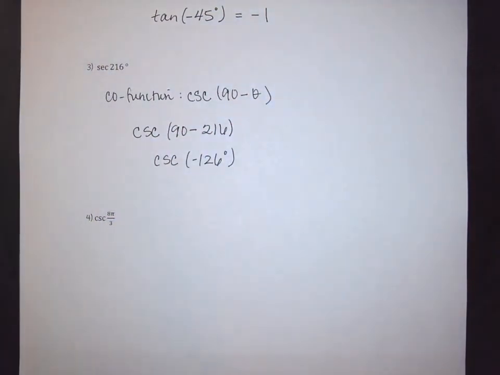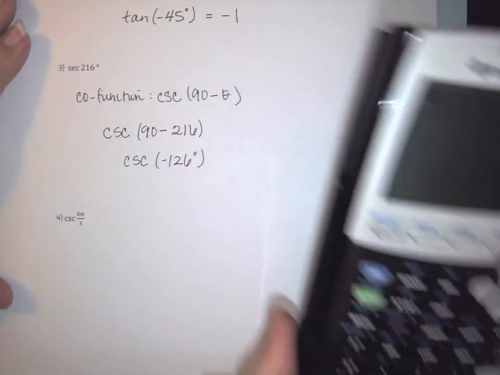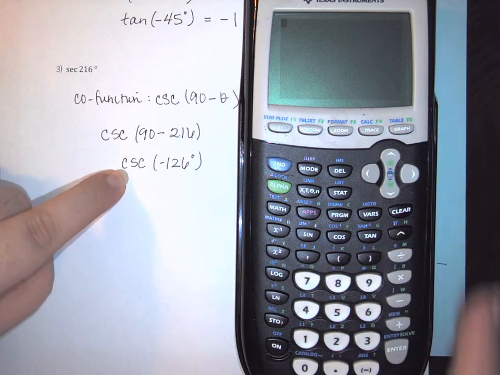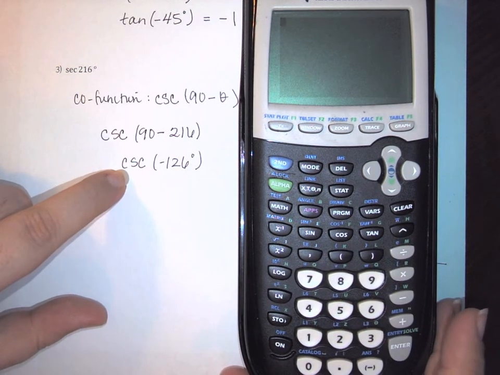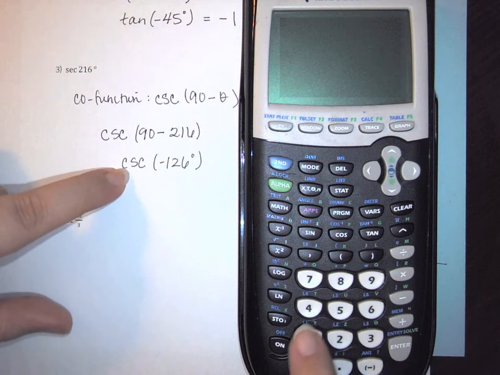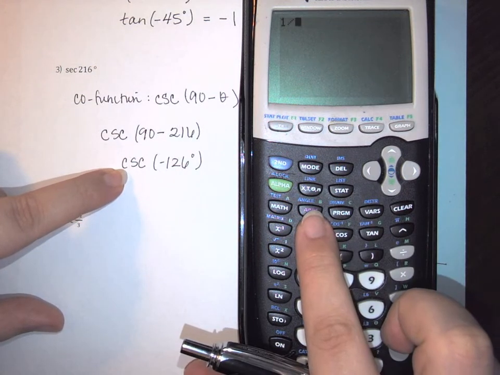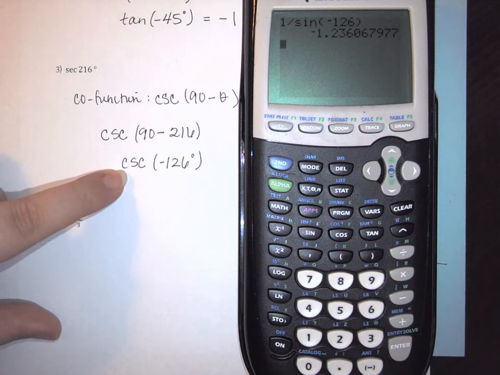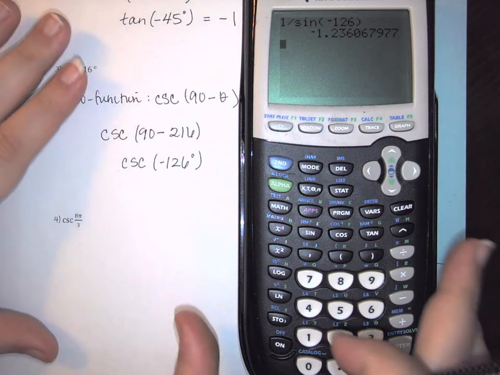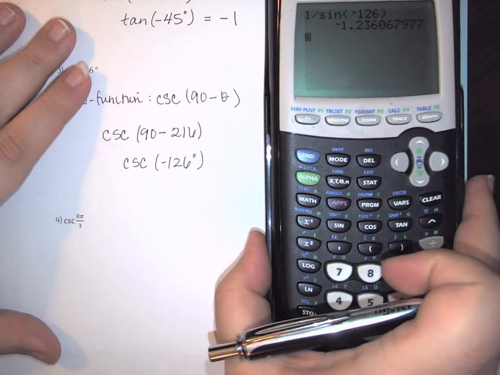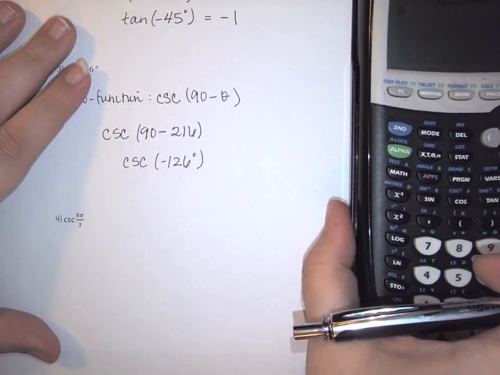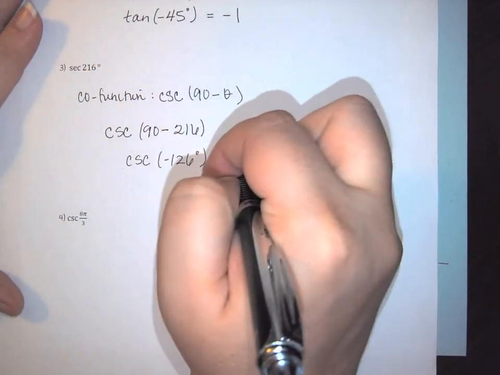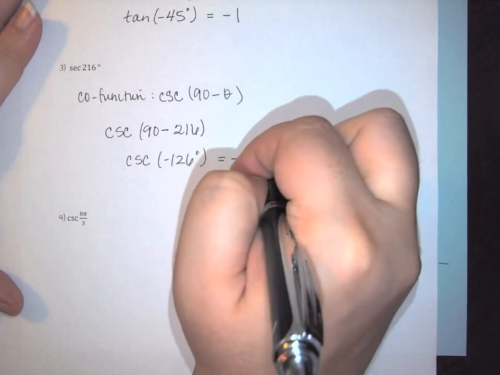We would use our calculator yet again to find that. Because it's a cosecant, we have to use its reciprocal, so we would have 1 divided by the sine of -126. Then we get -1.236 and so on. It's always a good idea, unless told otherwise, to go out maybe four decimal places. So the result is -1.2361.